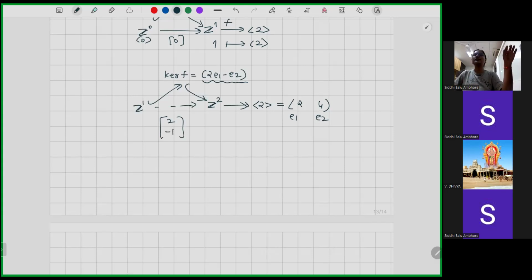So the presentation matrix is this 2 by 1 matrix. Here E1 goes to 2 and E2 goes to 4, so Z^2 is generated by E1 and E2. Is it clear? At least for this element, we can see exactly this is the presentation matrix.